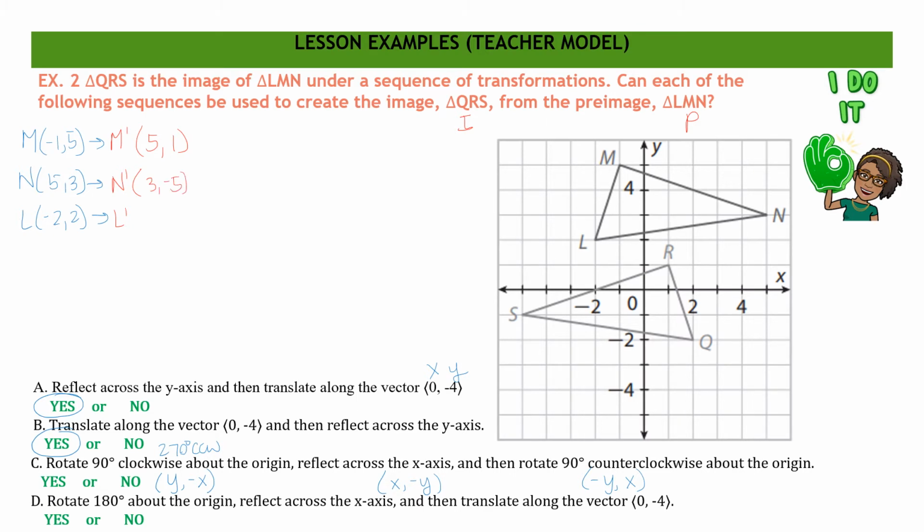And then I flip again, that means I'm going to have 2, +2. So if we wanted to graph this, 5, 1 would be here for M prime. 3, -5 would be down here for N prime. And then 2, 2 would be here for L prime. So that's my first transformation in my sequence.